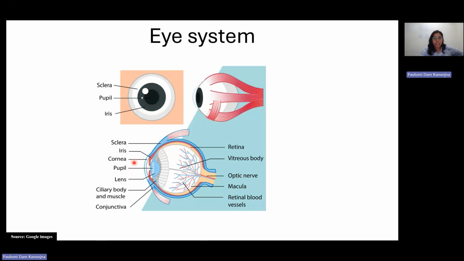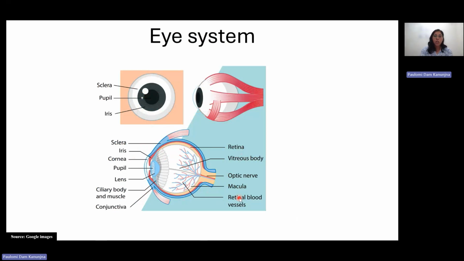Along with this, you have the cornea, lens, ciliary body and muscle, conjunctiva, retina, which is very important, vitreous body, optic nerve, which is also very important, macula, and the blood vessels in the eyes.